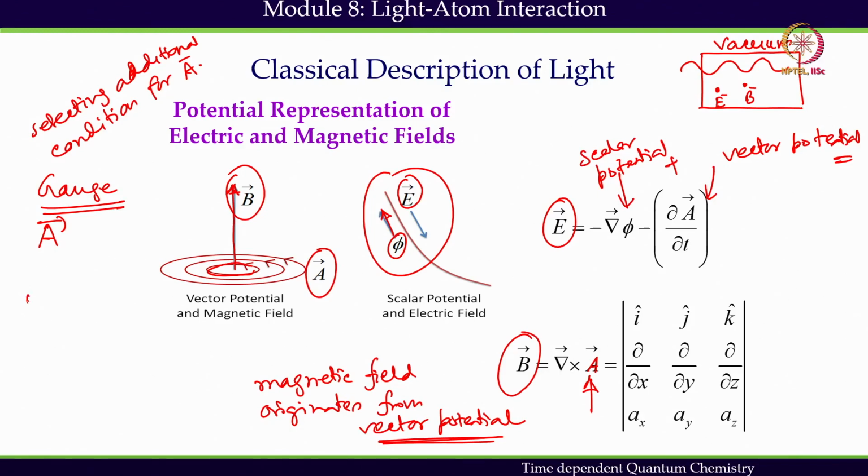We very frequently use these two gauges. Coulomb gauge. Another gauge is the Lorentz gauge. These are the two gauges we use very frequently.